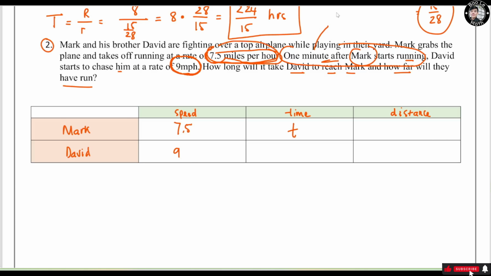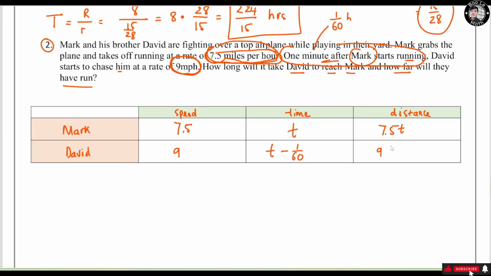So 1 minute, which means 1 over 60 hours, right? Now, since Mark gives David 1 over 60 hours, which means the time for David to run is T minus 1 over 60, right? Now, the distance equals speed multiplied by time, right?